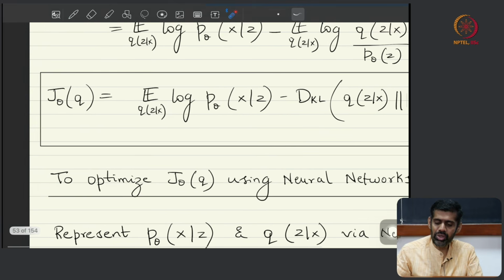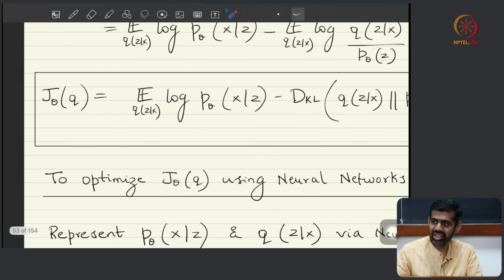How you compute an expectation where the expectation is with respect to a distribution that is getting estimated along with the optimization problem is non-trivial. I will show that, and to solve that there is this nice trick, so to speak, that the VAE comes up with, which is called the reparameterization trick.